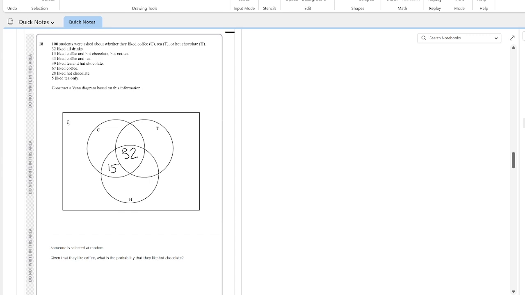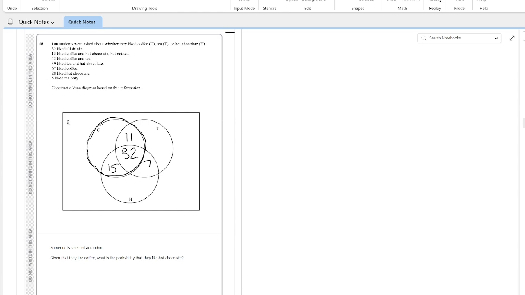And now we have to think a bit more, because it says 43 liked coffee and tea, so that's this region here. This region is 43, but we already have 32 in the center, so we have to do 43 subtract 32, so that's 11, and that goes on the top. 39 liked tea and hot chocolate, so that's this region here, so we have to do 39 minus 32, which is 7. 67 liked coffee, and coffee is this whole circle here.